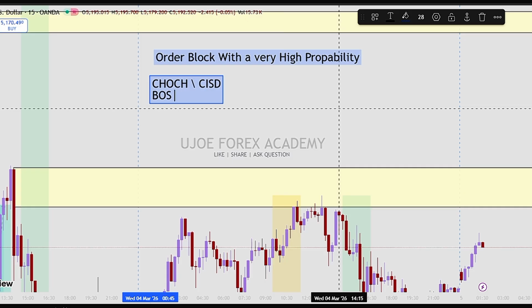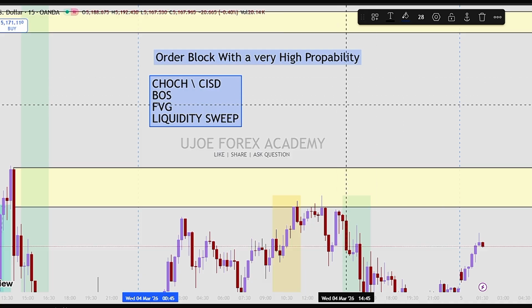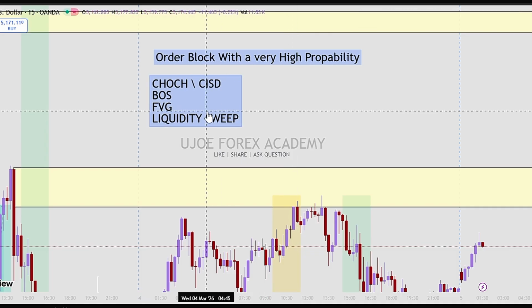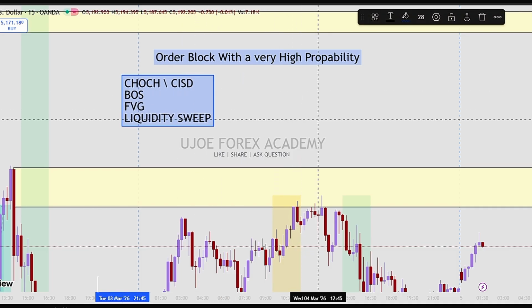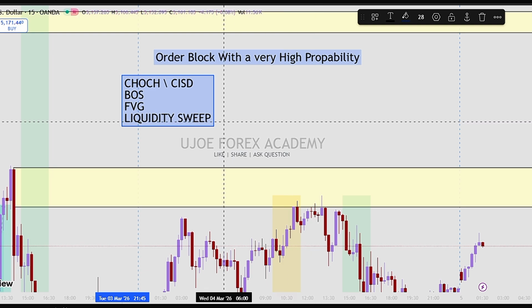It should also have an FVG, which is the fair value gap, and in most cases it should also have liquidity, let's say a liquidity sweep. These are some parameters you need to look at for an order block to be of a very high probability. Are we together now? Yes.